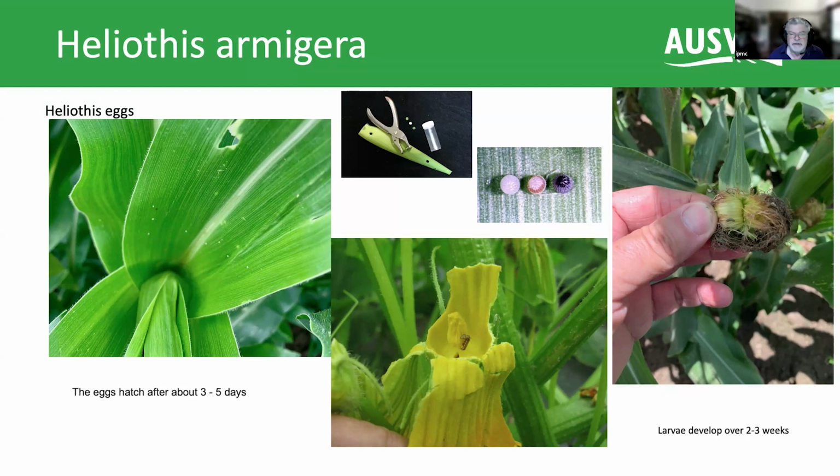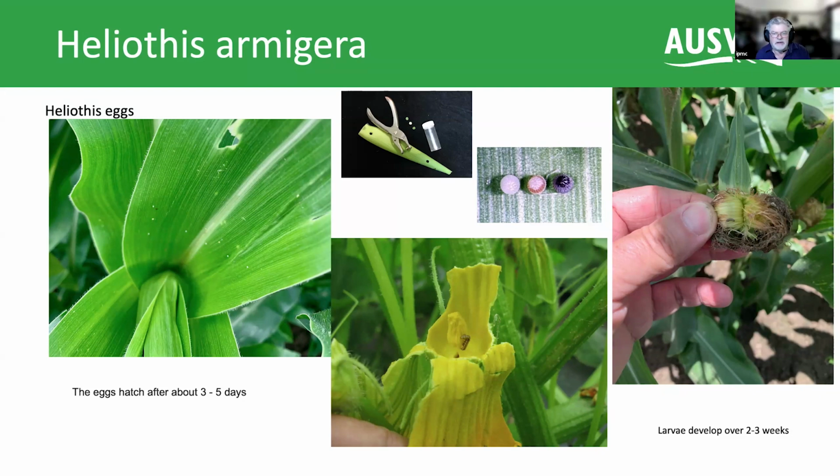This is why I use the hole punch to take samples when I'm monitoring in a sweet corn paddock, especially, so that I can take them back to my office and keep an eye on them and check that my estimate of when they're actually going to emerge is right, and I can let the grower know when's the ideal time to spray for them.